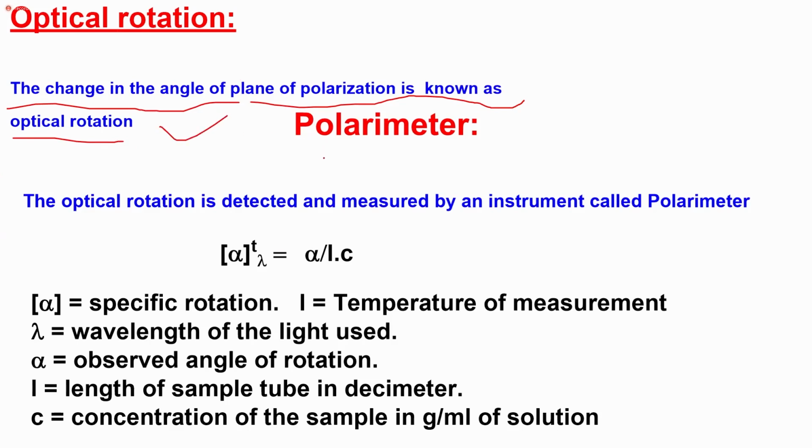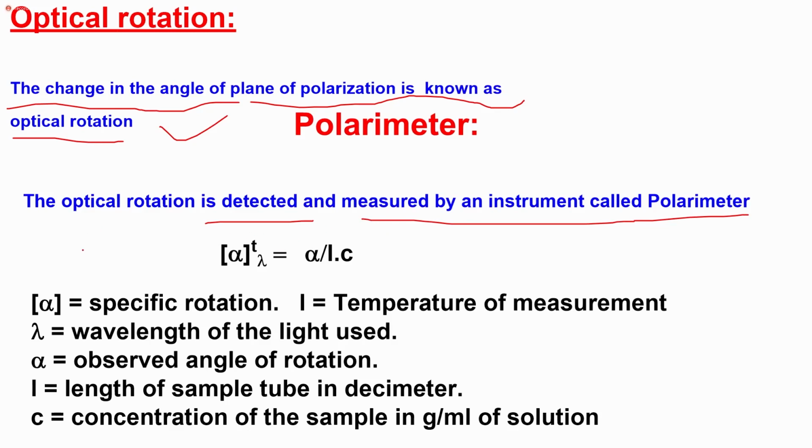And how does the polarimeter work when we inject a sample into it? The optical rotation is detected and measured by an instrument called the polarimeter.